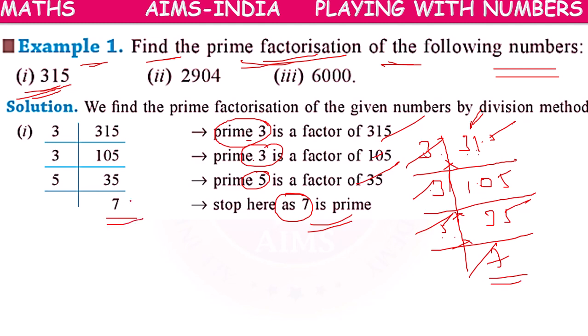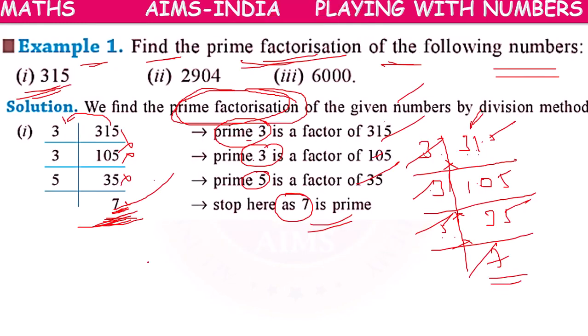Because 315 is not a prime number, 105 is not a prime number, 35 is not a prime number, 7 is a prime number. Means for doing prime factorization of any given number, we have to divide it with prime numbers until we get another prime number in the last step, as one more multiplier, one more factor.